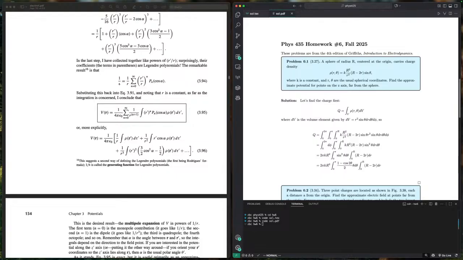And this just becomes theta minus sine 2 theta over 2.